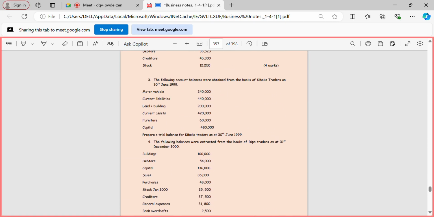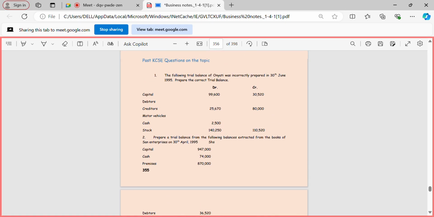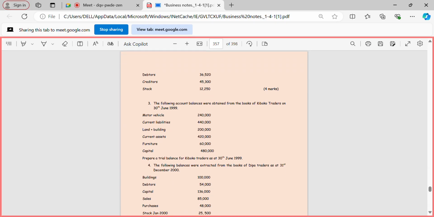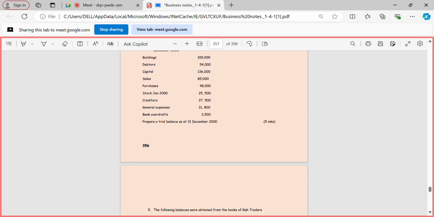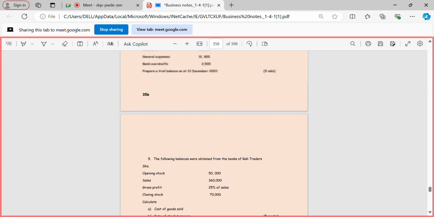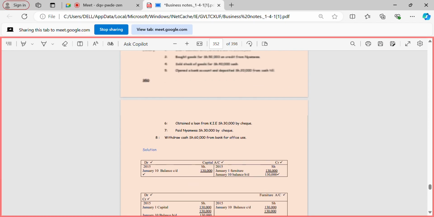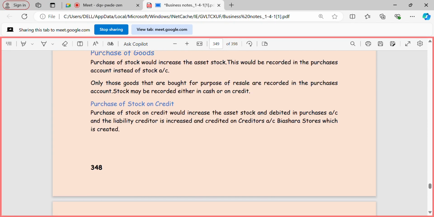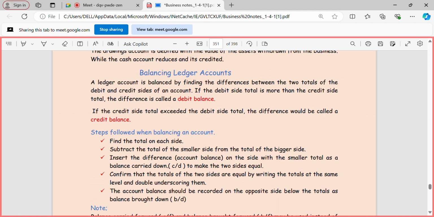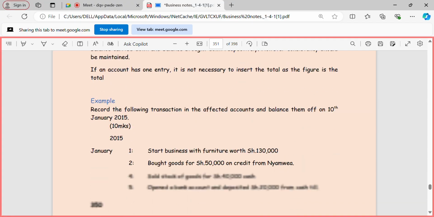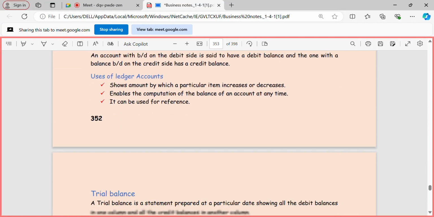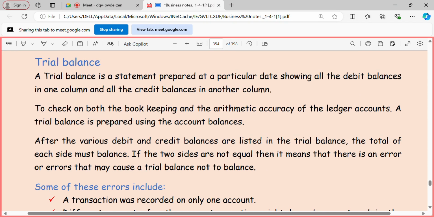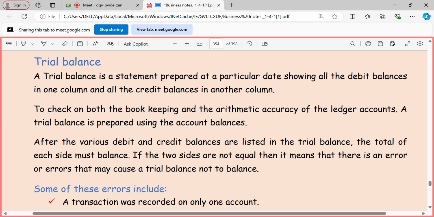Okay, let's now look at... I don't want to work out examples. You will look at those yourselves. We want something that has not been done. Let me see if we can find a question of ledger. The ledger questions here, there are a lot of trial balances.